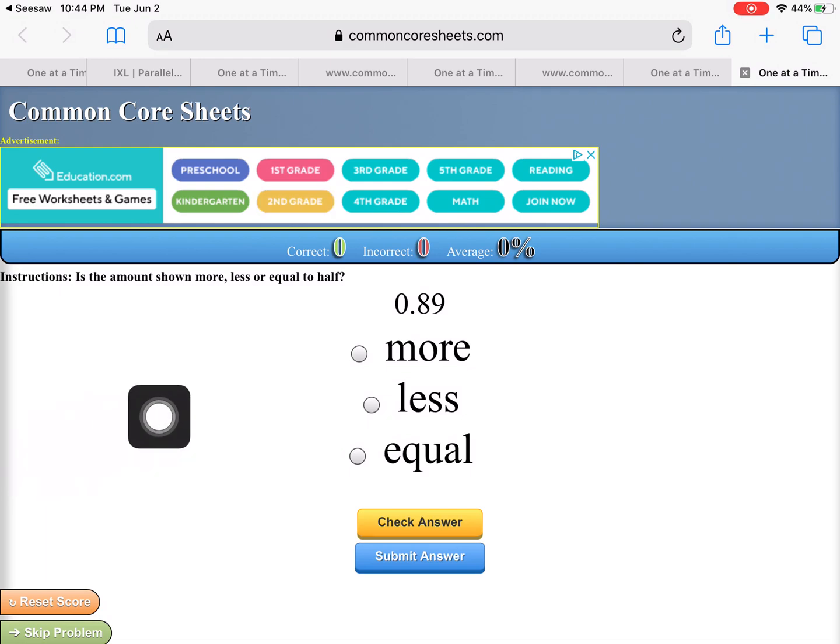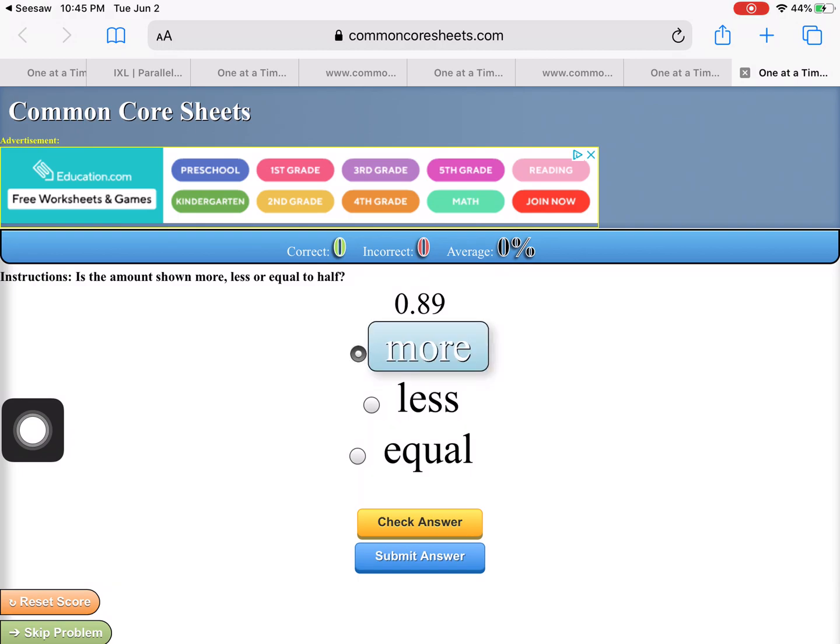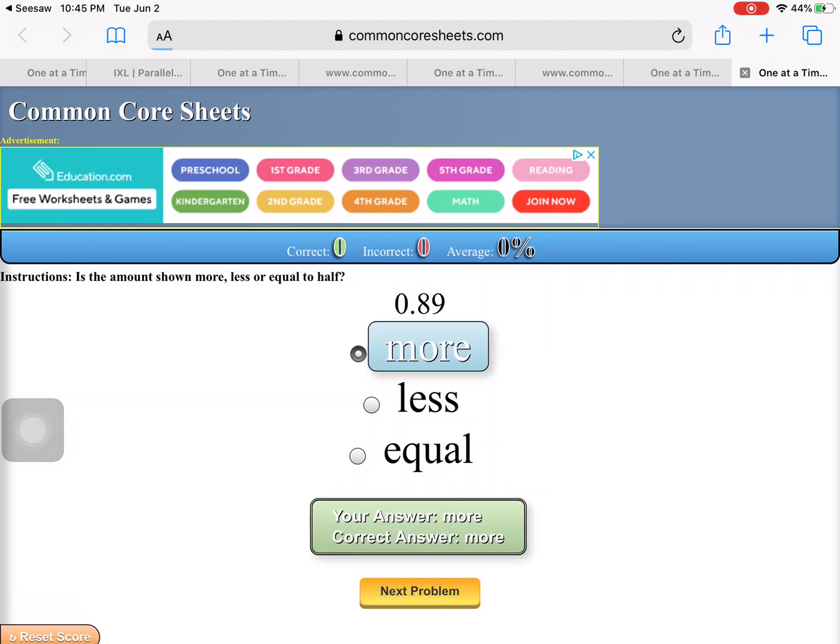If we're only looking at tenths, then half of 10 is 5, but we're looking at hundredths, so half of 100 is 50. So is 89 hundredths more than 50 hundredths, less than 50 hundredths, or equal to 50 hundredths? I already know that 89 is more than 50, so it's going to be more.